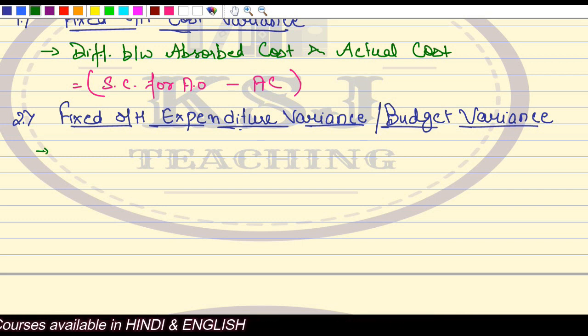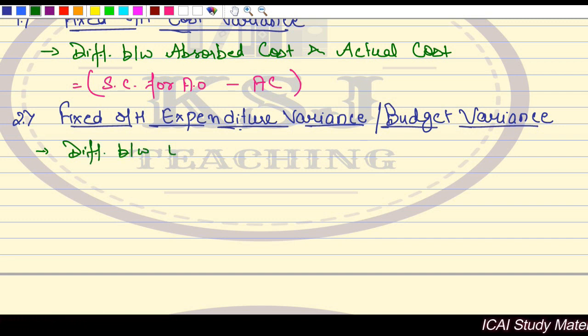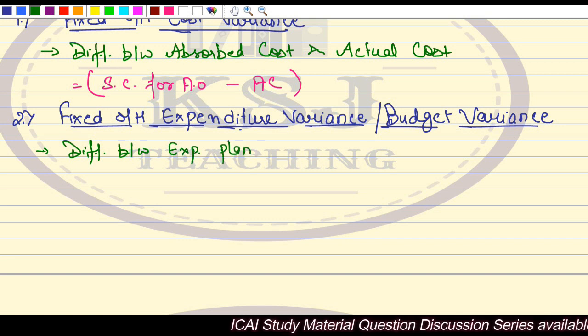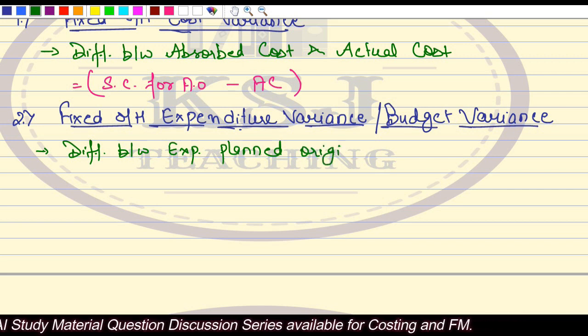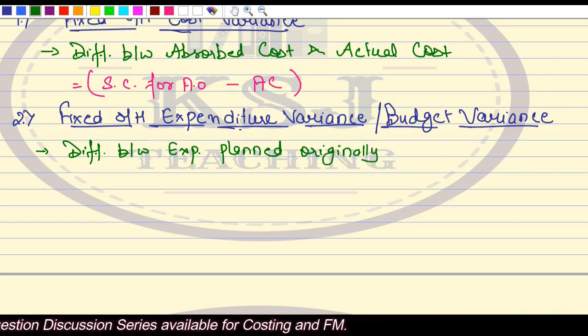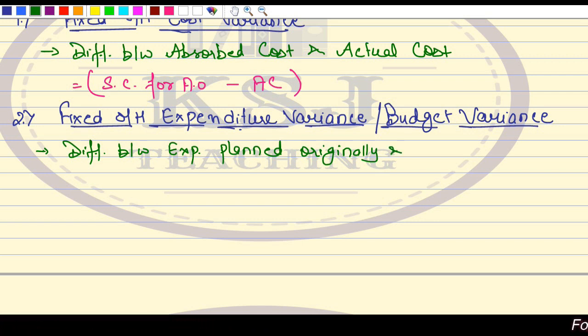So, difference between expenditure planned originally, we call them as budgets, because originally obviously we are setting as per the standard output only, right? And difference between expenditure planned originally and actual expenditure.